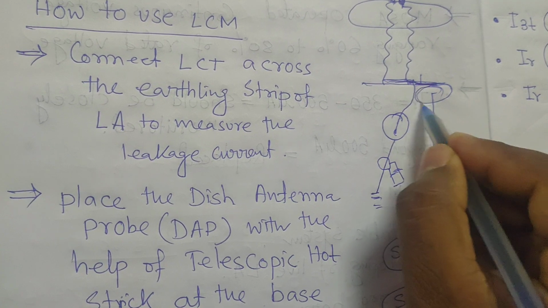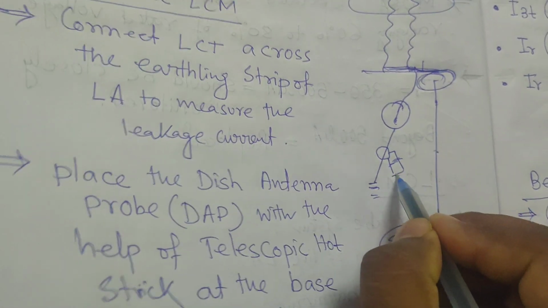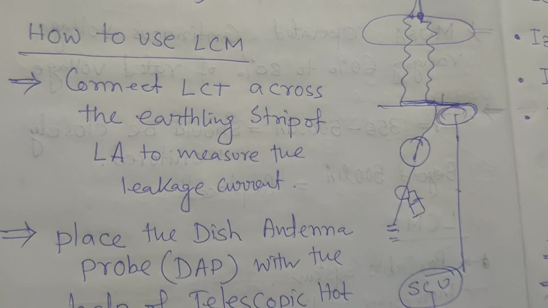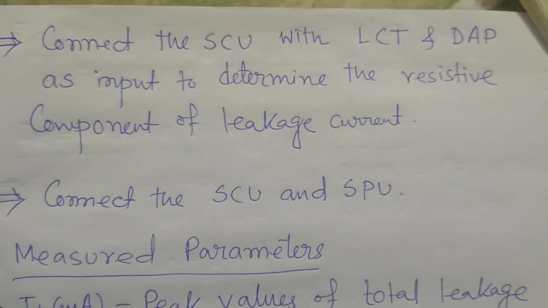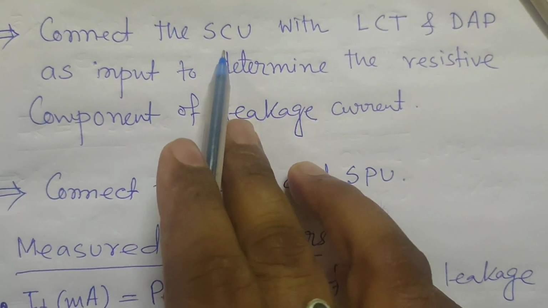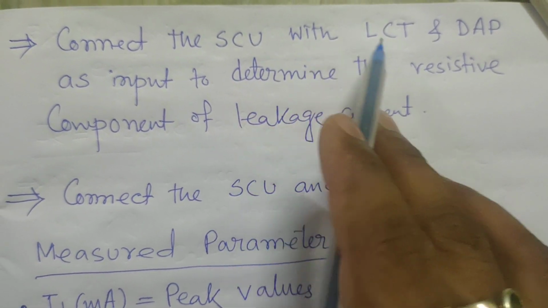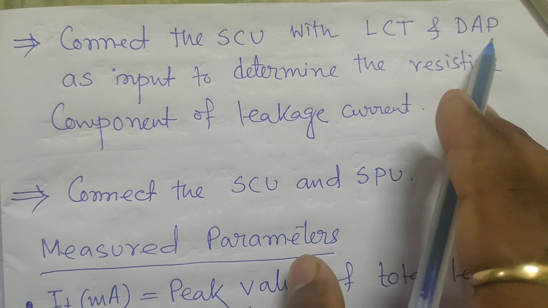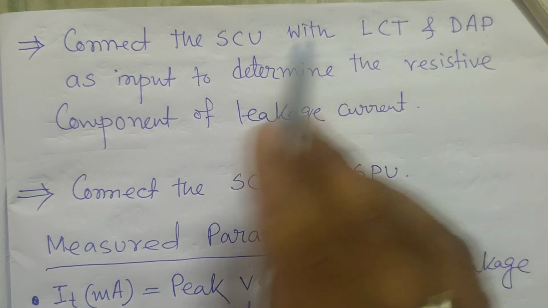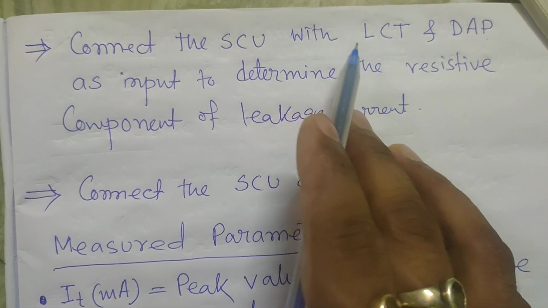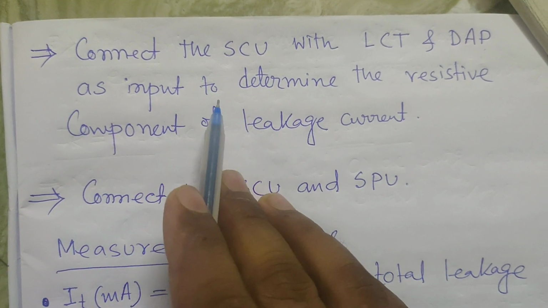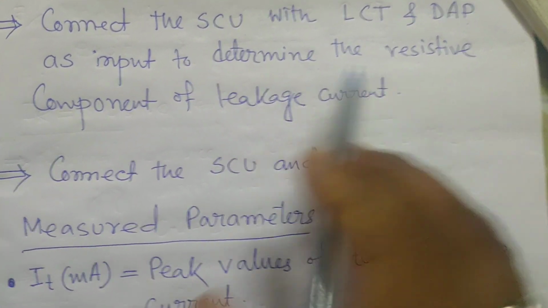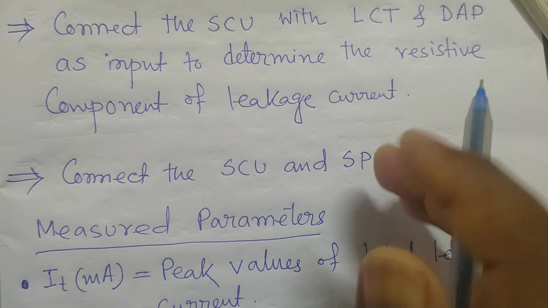This is the Dix antenna probe. This is the LCT. Then you have to connect the SCU with the LCT and the DAP, the Dix antenna probe, and also with the CT as input to determine the resistive component of leakage current.